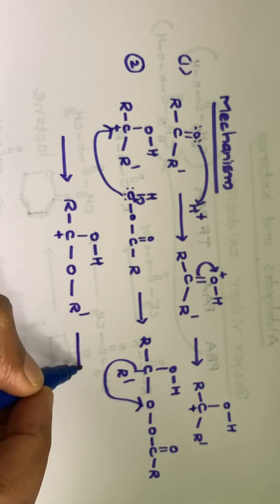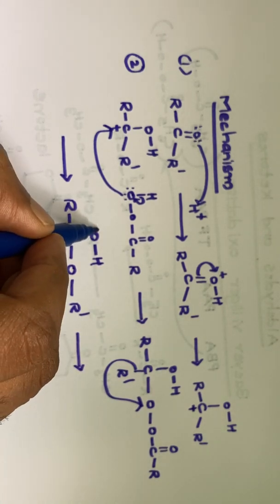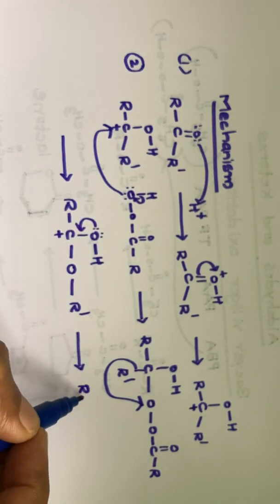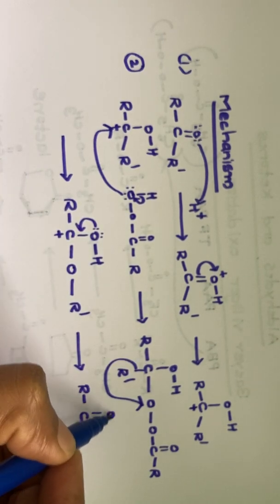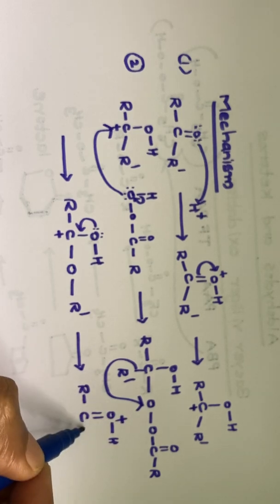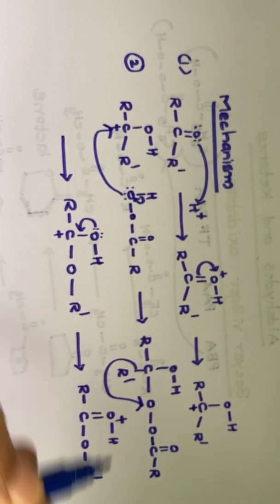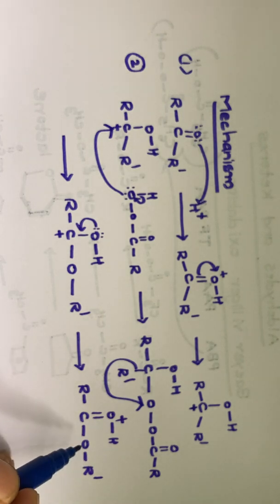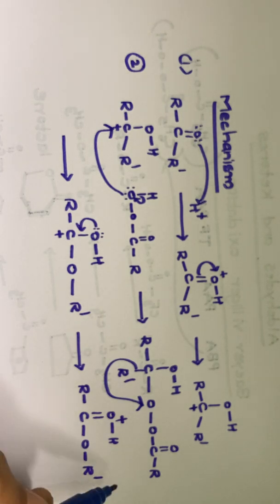Now the next step, since this is positively charged, the electron moves here to form R, C, double bond O, H plus, O, R dash.